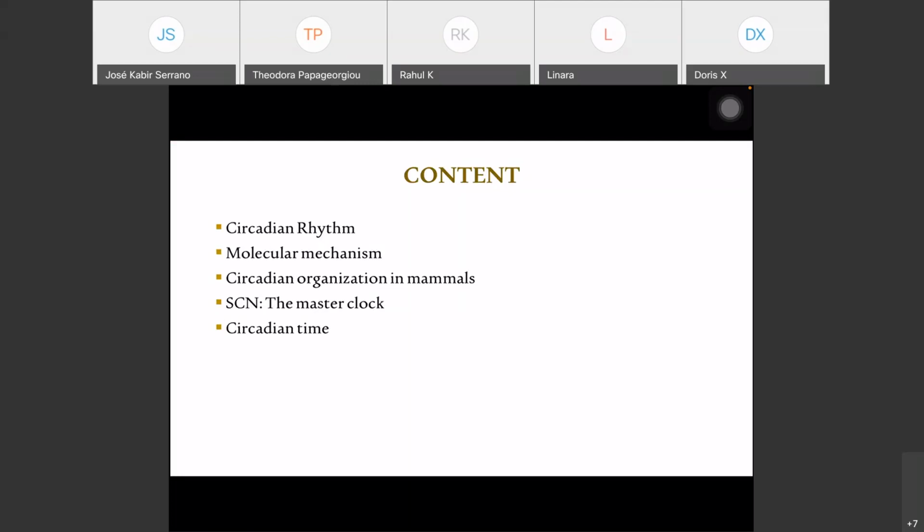Also, we're going to review the organization of the circadian system and its 2 main components: the suprachiasmatic clock as the body's master clock, and the peripheral clock in the rest of the tissues and organs. And finally, I'm going to talk about a very important concept on circadian rhythms, which is circadian time. So let's get started.